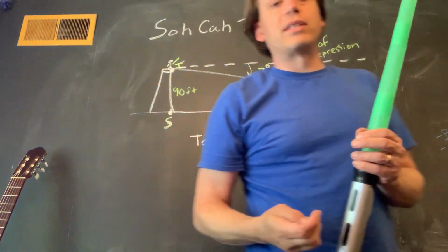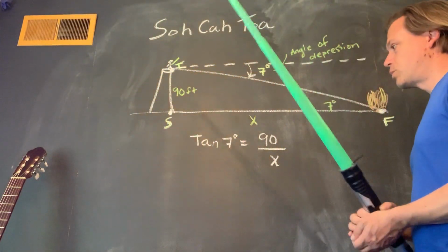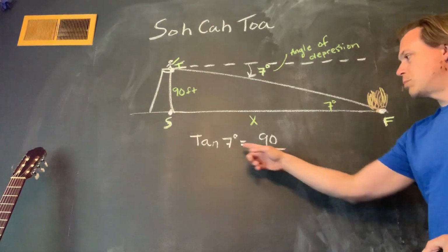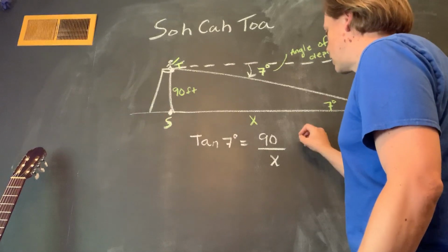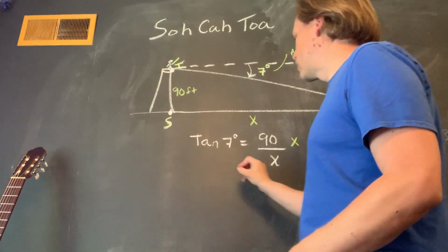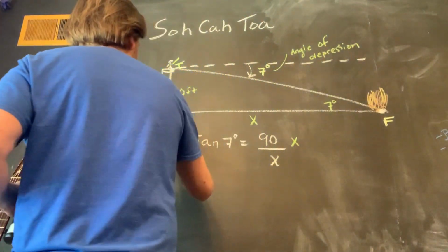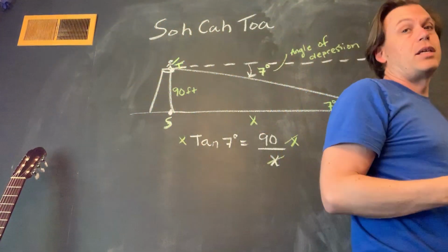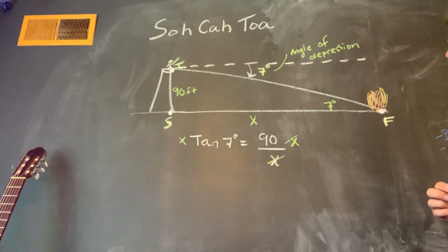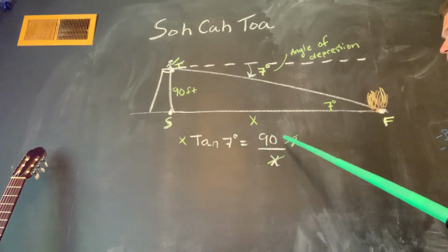Now, how's he gonna solve this? Well, he does this really quickly in his head, but if you multiply both sides of this equation by x, get your lightsaber out, vroom, and then vroom, these cancel, right? Right. What do you get? You get x times tangent of 7 equals 90.